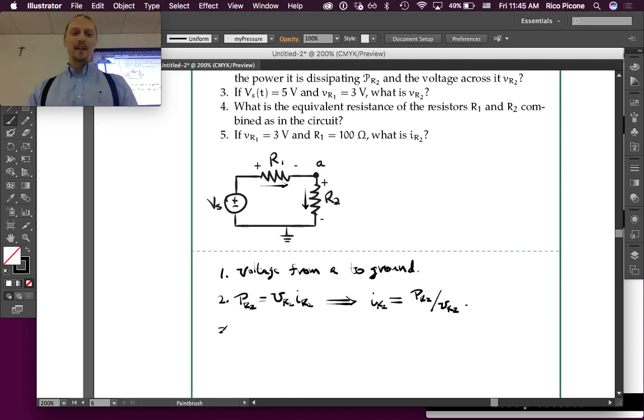So 3, if the source voltage, Vs, here is 5 volts, and the voltage across resistor 1 is 3 volts, what is the voltage across resistor 2? 2. And you knew that because you applied which law?